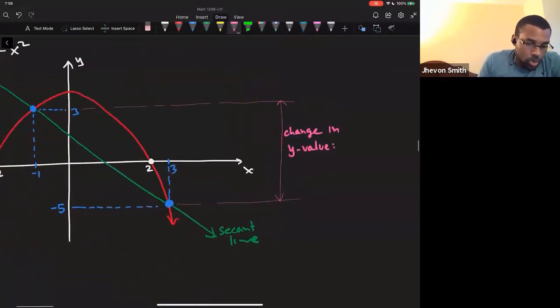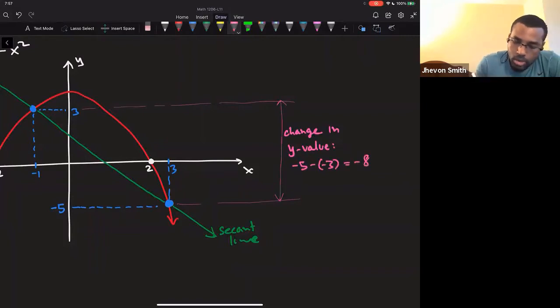Of course, it went from a level 3 to a level -5. So that's going to be 3 minus -5, that is 8 units. Or let me do final minus initial. It actually fell, right? It started at 3 and ended at -5. So it's -5 minus 3, it's -8 units.